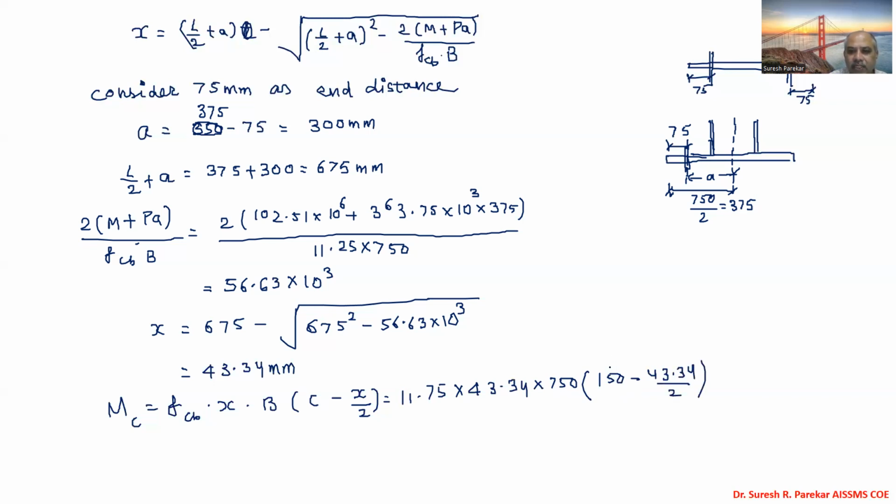This 150 actually we have as projection. That means my value of X is somewhere here. So this is X, 43.34, and we are taking moment about this. So this value is 11.25, not 75. So 11.25.